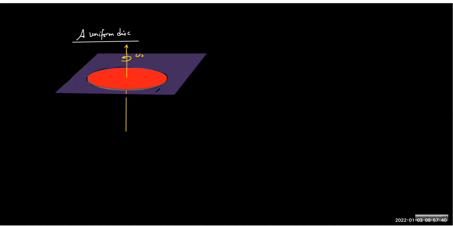So it is spinning on a rough surface. Once you put it on a rough surface, let's say the radius is r.